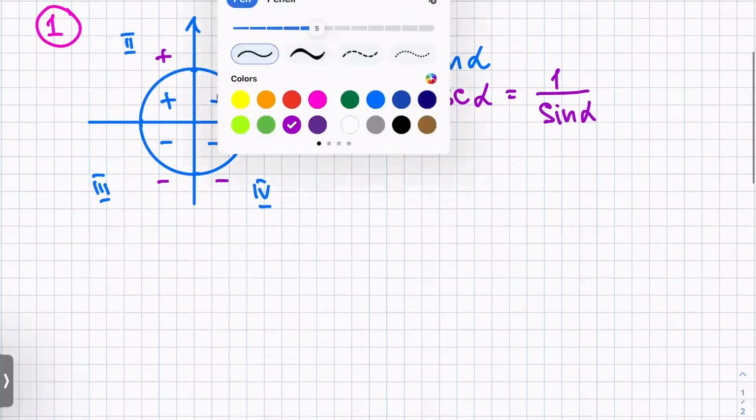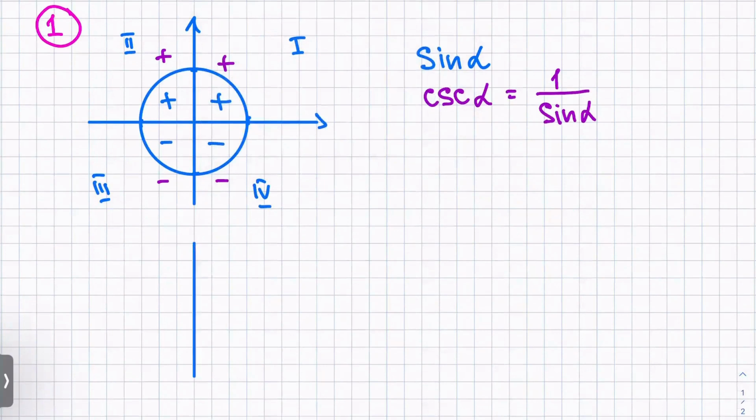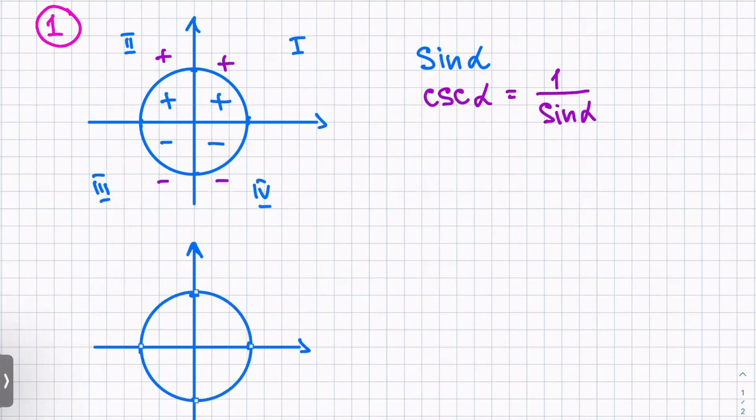Okay, dear students, now we'll do the same job for the cosine function. You all know that the cosine function is always associated with the x-axis. So we need to look at where x values are positive and where they are negative, so we can state the sign of our cosine function there. I will name my cosine function, cosine alpha. The x values are positive here in the first quadrant.